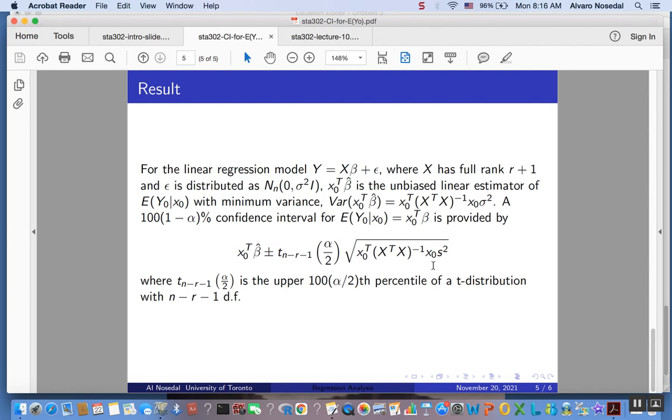So we are done. We were able to derive a formula for the confidence interval for the expected value of our response variable at a particular combination of values for the predictor variables in our multiple linear regression model.